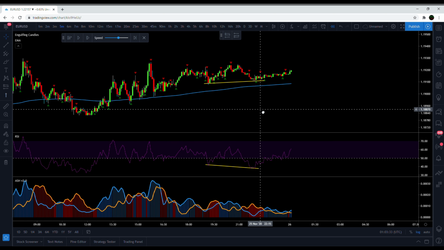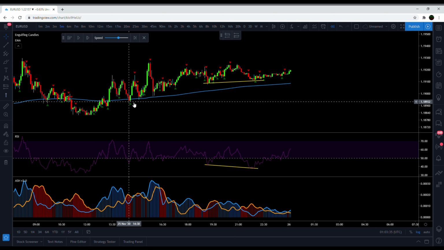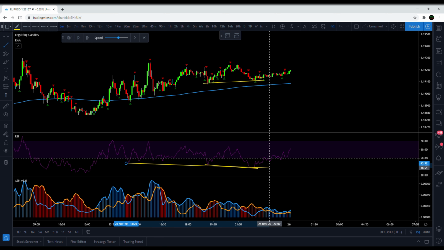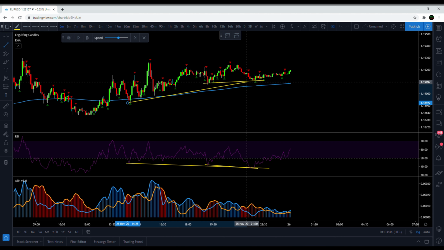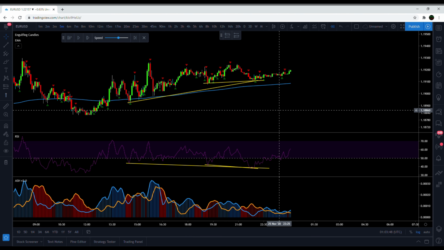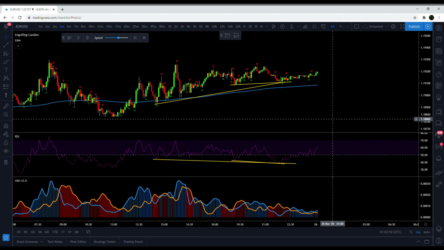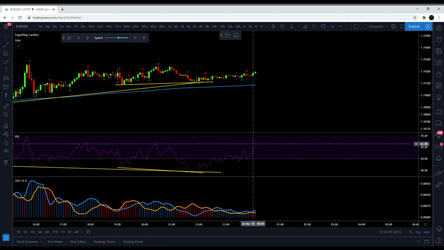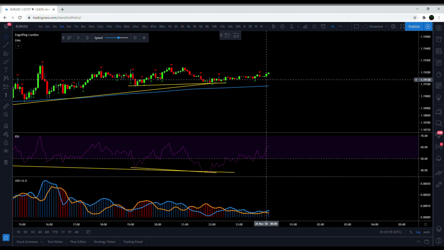Same with all of this over here, if you want to look at it like this. Higher lows on price, lower lows on RSI. And we are above the 200 EMA, and we just got a buy signal right here on this candle. So that's the candle that I'd be entering on.